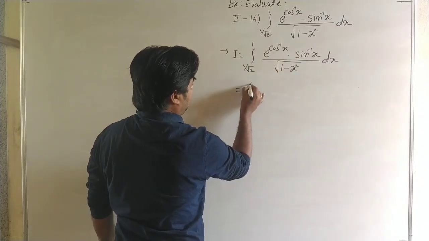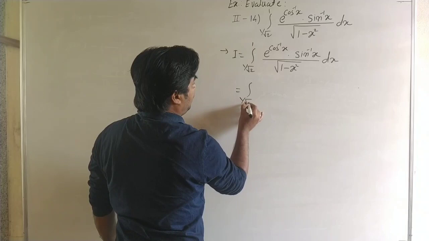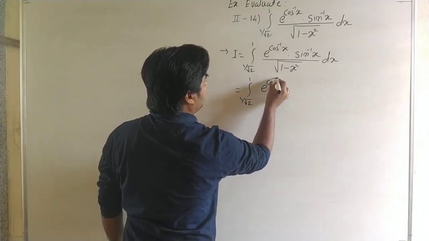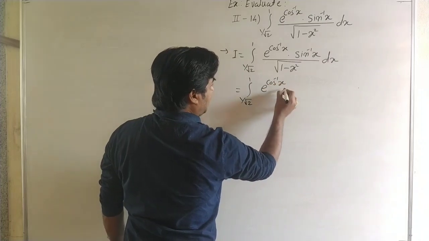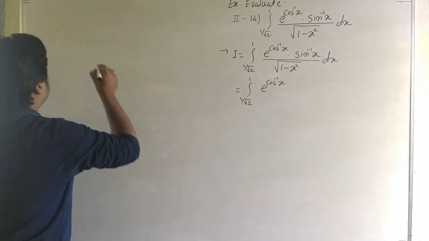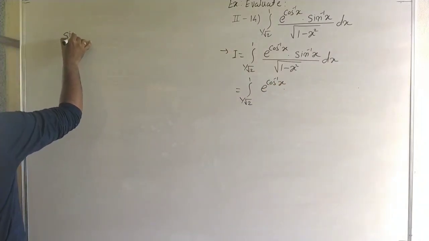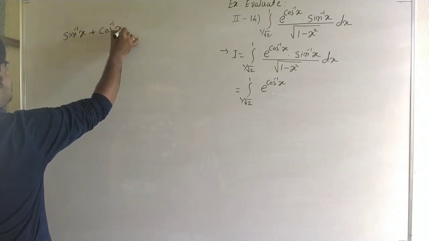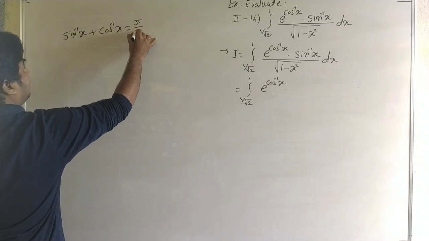Now here we use the property of the inverse trigonometric functions. e to the power cos inverse x as it is, into, here we know that sine inverse x plus cos inverse x is equal to pi by 2.